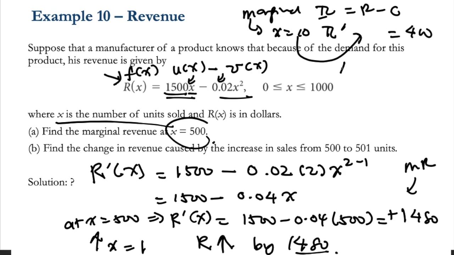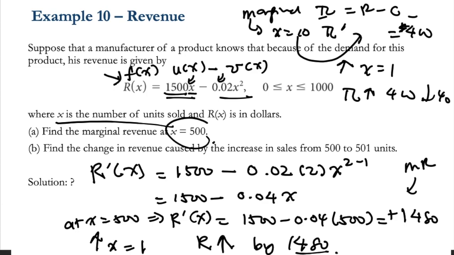It means if I increase the sale quantity by 1 additional unit, then my profit increases, because it's positive, by 400. But if you get minus, it means my profit will reduce by 400. You're making more losses. Do you get me? All right. So that's it.